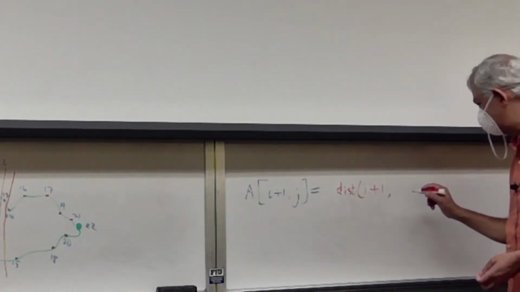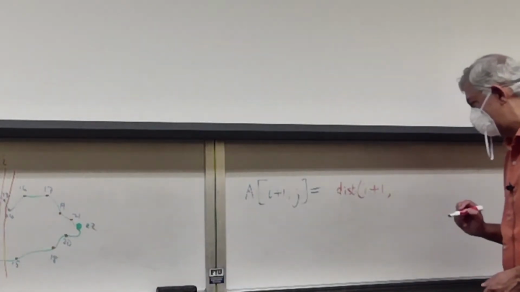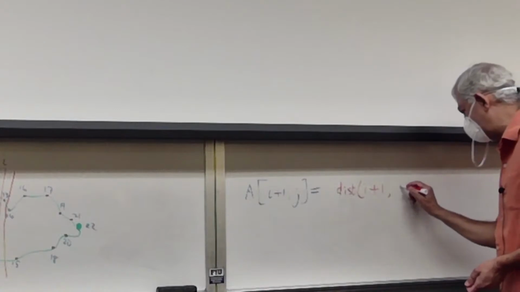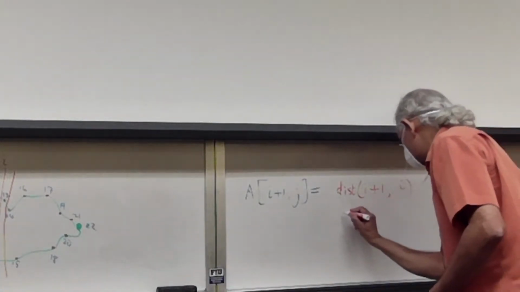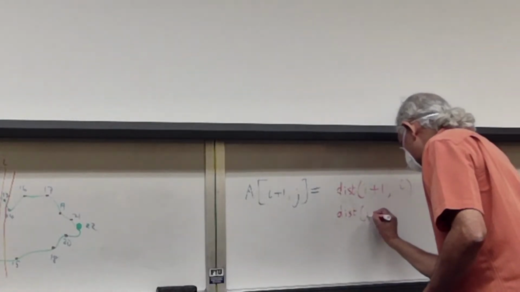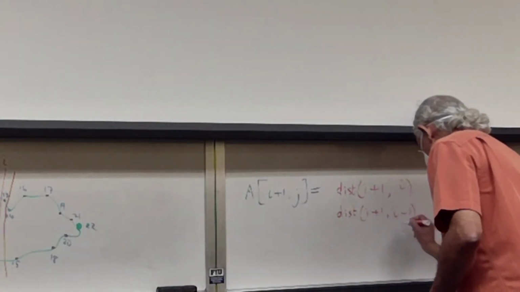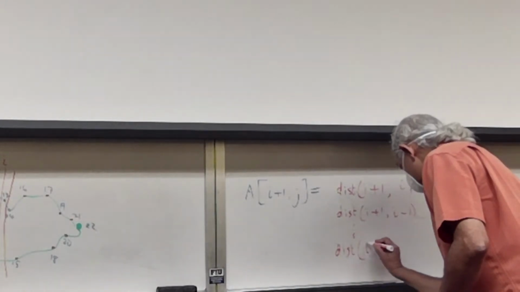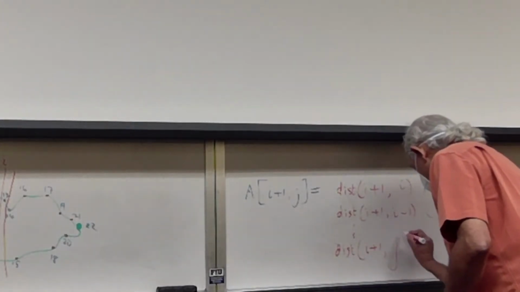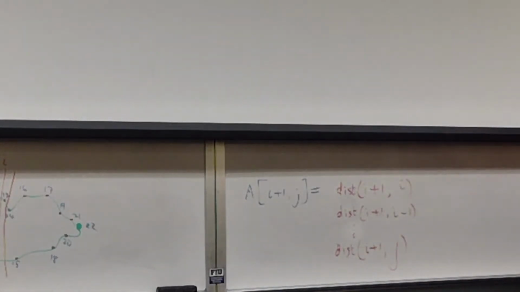So let's just say it may be to I, or it may be to I minus 1, or it may be to some general j. We don't know which one, right?